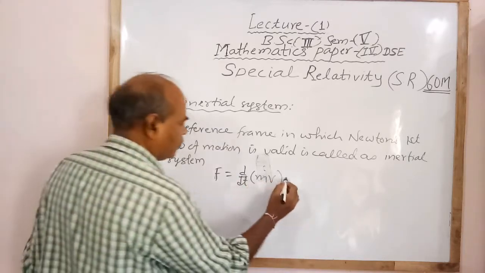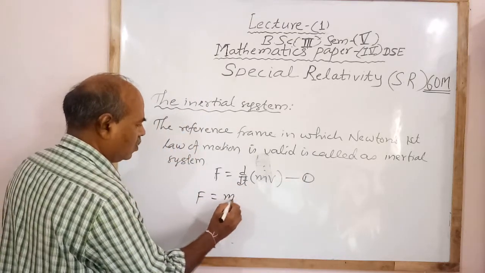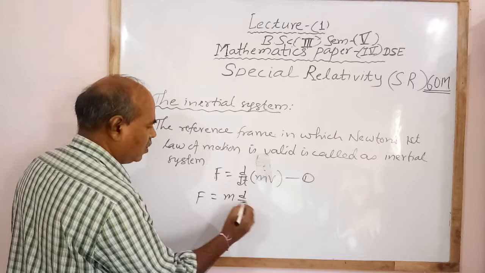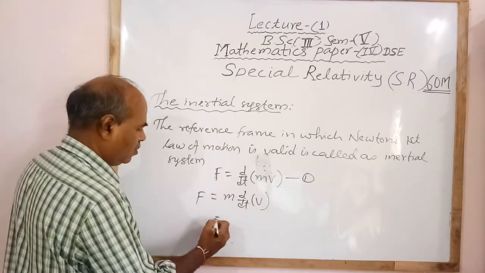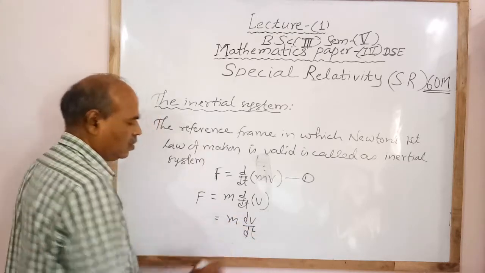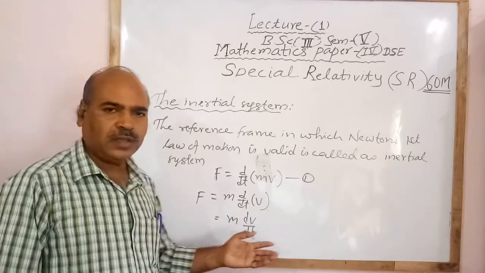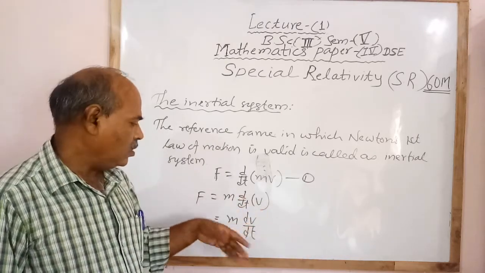Therefore we have F equal to m into d/dt of v, because m is constant. Therefore we have m into dv by dt, and we know that dv by dt is nothing but acceleration, that is the rate of change of velocity with respect to time.